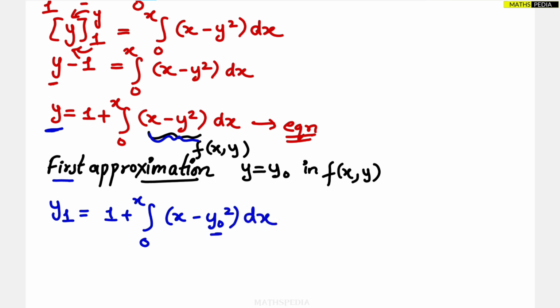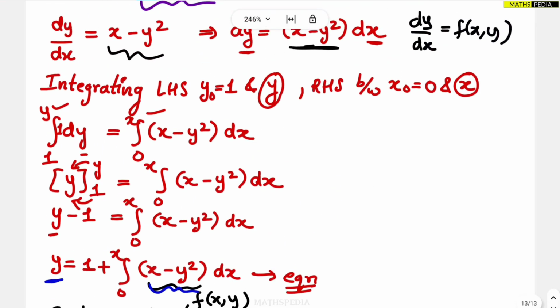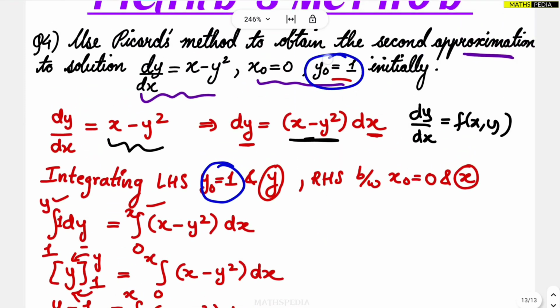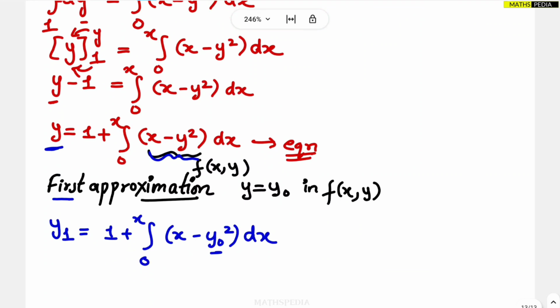The y naught value we have seen in the question itself, the initial condition, which is 1. So it becomes 1 as it is, plus integration from 0 to x of x minus 1, 1 square is 1 itself, dx.